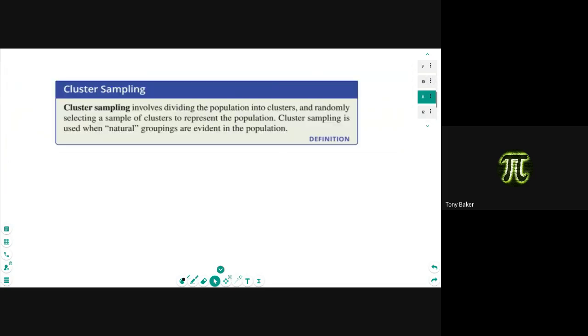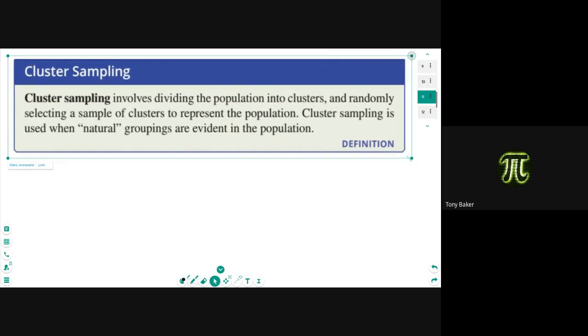All right. So a cluster sample. If I wanted to do a study in Norwich, I want to find out if the population would want a public pool.